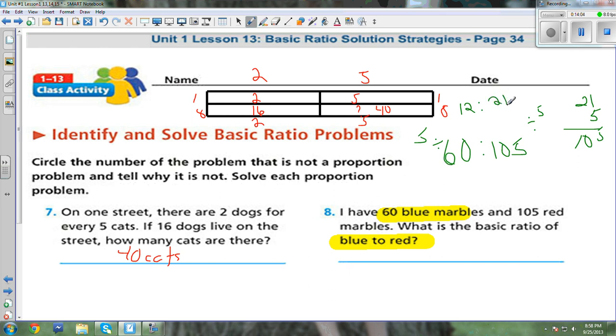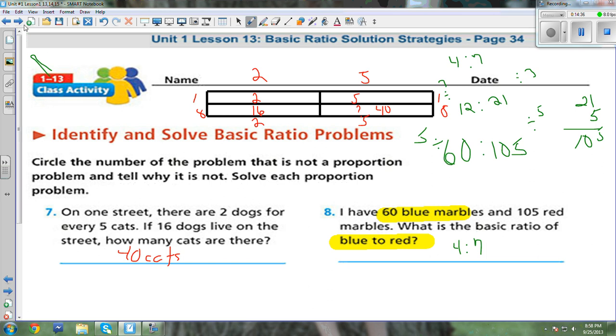But hopefully you realize that I can simplify 12 to 21 even further by dividing by 3. 12 divided by 3 is 4. 21 divided by 3 is 7. And now the only factor that can go into 4 and 7 evenly is 1. So I have 4 to 7. And that is not a proportion, so I don't need to circle it.